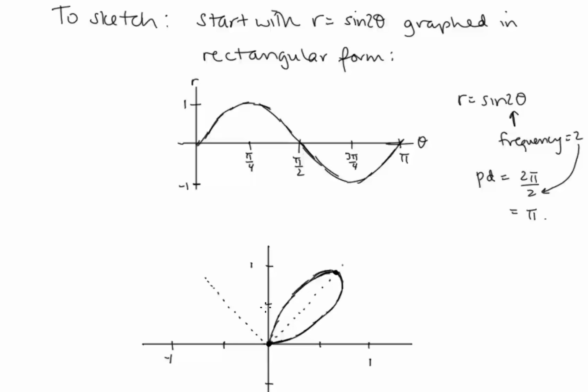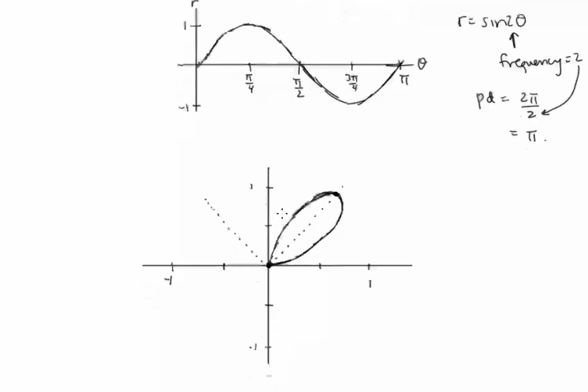So as our angle goes from pi over 2 to 3 pi over 4, our radius values are all negative, going from 0 to negative 1. So at 3 pi over 4, we have a radius value of negative 1.